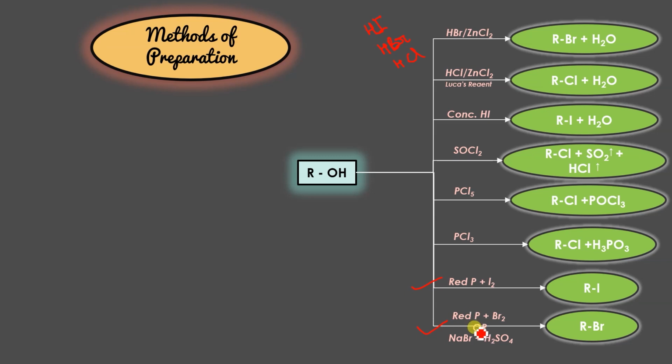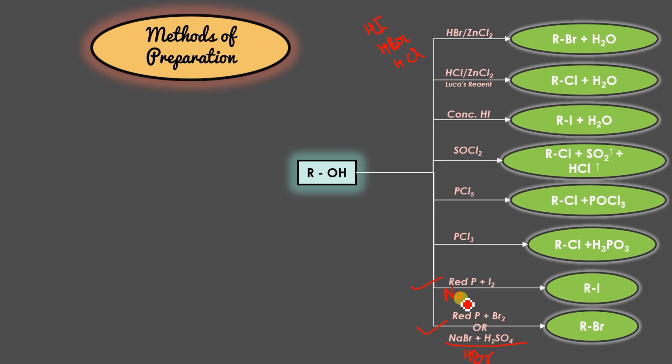We add NaBr and H2SO4. This will first form HBr and Na2SO4, and this freshly prepared HBr is going to react with ROH to form RBr. Similarly, in this case we have to use NaI plus H2SO4.